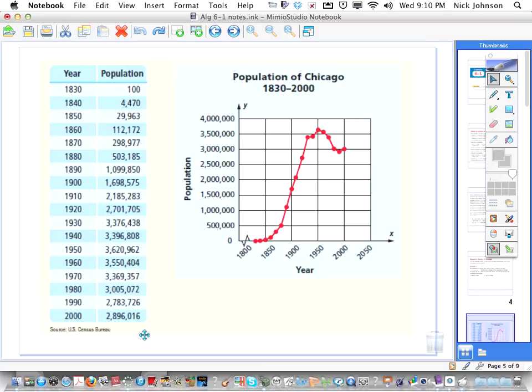In 1980, 3,005,072. What you should notice, this number's bigger than this number. Therefore, your rate of change is going to be negative. Okay? Your rate of change is going to be negative.